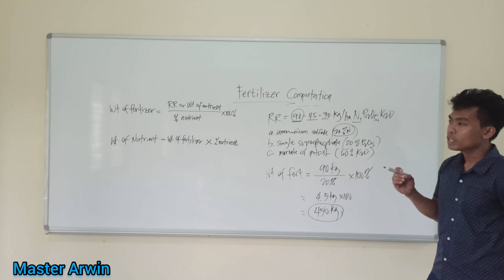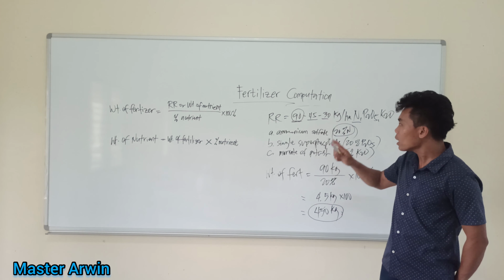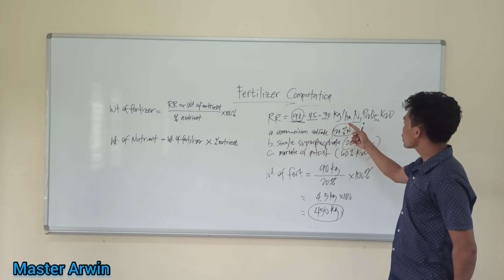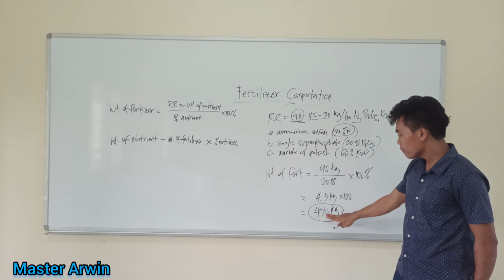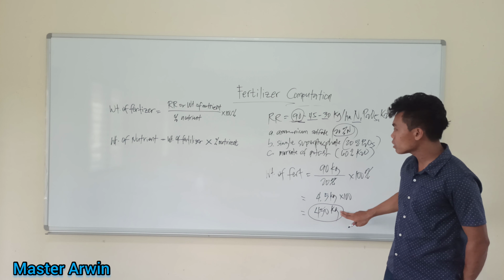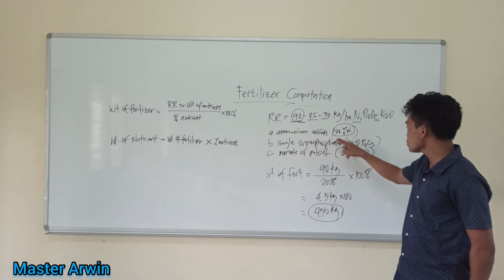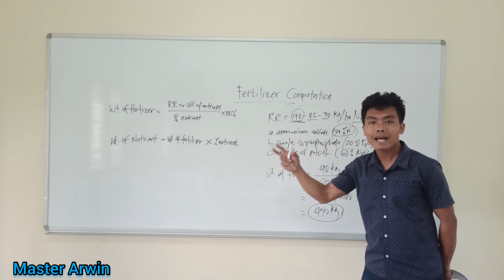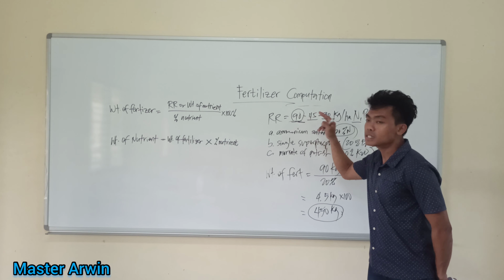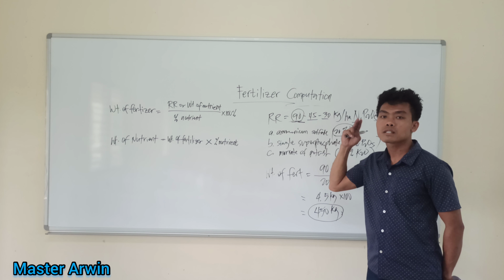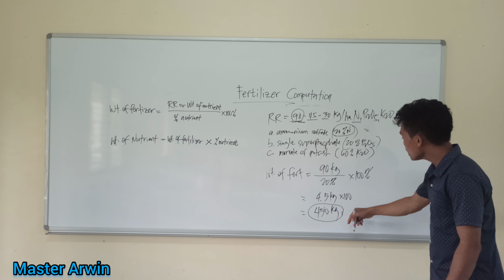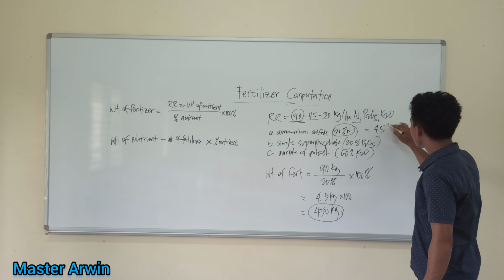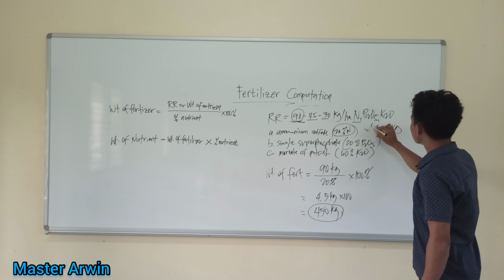So this means if your soil requires 90 kilograms of nitrogen, you should apply 450 kilograms of ammonium sulfate to supply the needed amounts of this nitrogen or this nutrient. Okay? So this would be 450 kilograms.